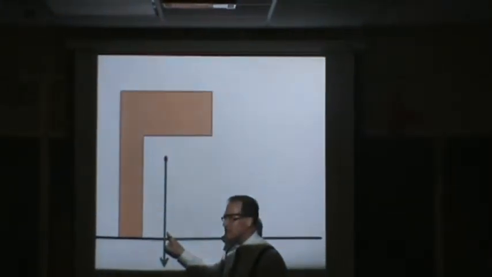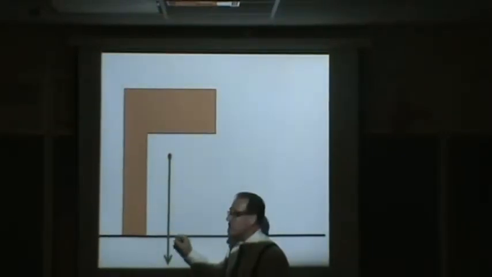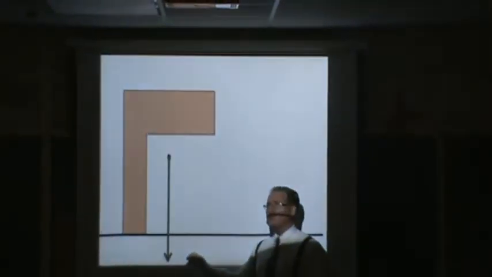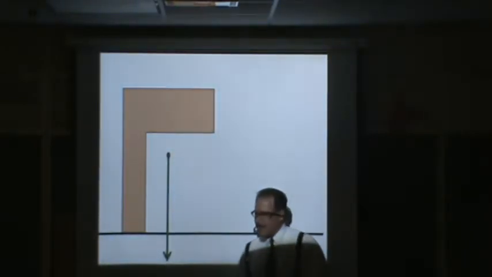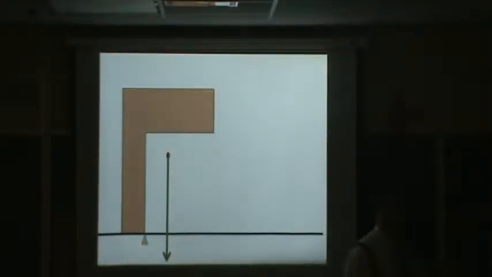So that force is going to cause this thing to twist. There's going to be a twisting force acting on this thing. The twisting force by definition is, you take this force and multiply it by a very special distance, called the lever arm distance.